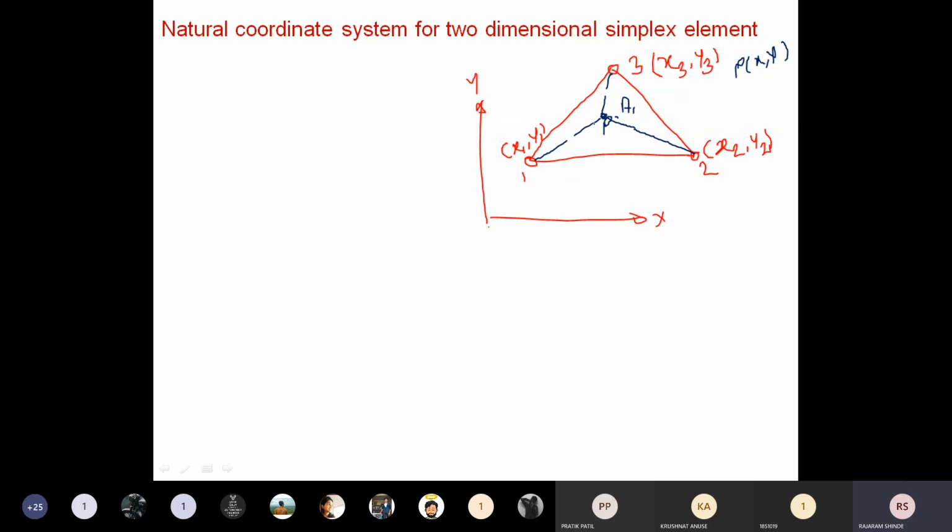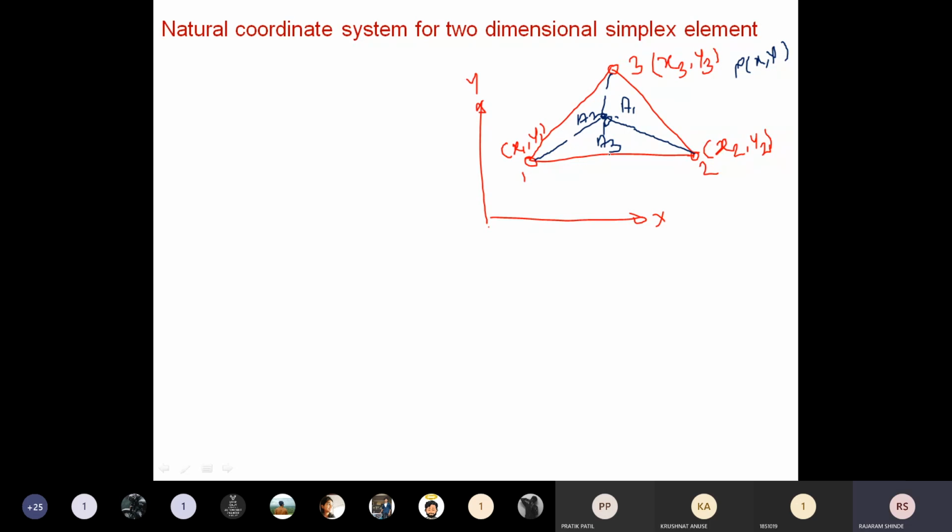Next, I will write this as area A2, which is the area of the triangle formed by connecting points P, 1, 3. Now suppose this is A3.